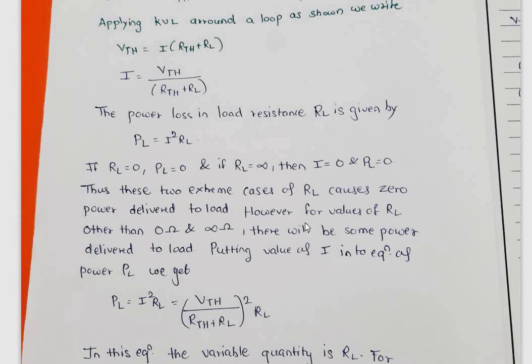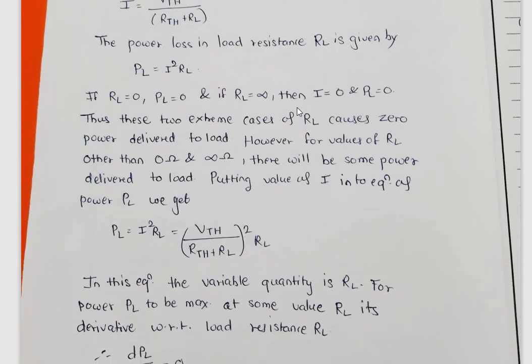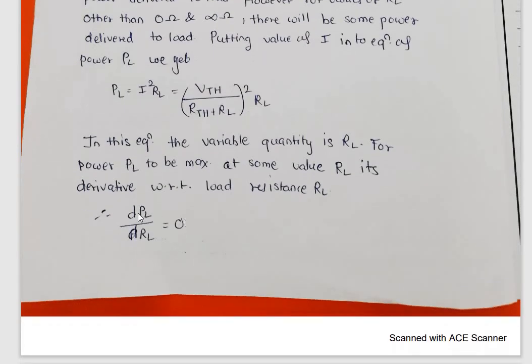However, for values of RL other than 0 and infinity, some power is delivered to the load. Putting the value of I into this equation, we can write PL as I square RL, which is (VTH divided by (RTH plus RL)) whole square into RL. In this equation, the variable quantity is RL.